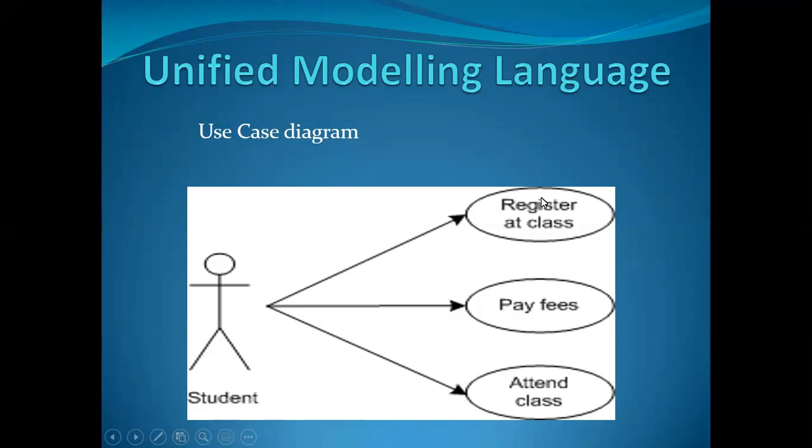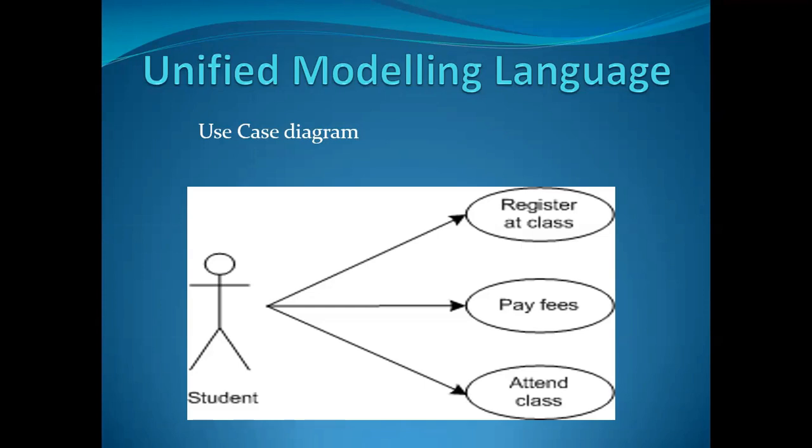This is not showing the sequence of how all these tasks are being done, so you can't really show it with the use case diagram. The use case diagram has its own purpose or functionality, while the process map also has a different purpose.